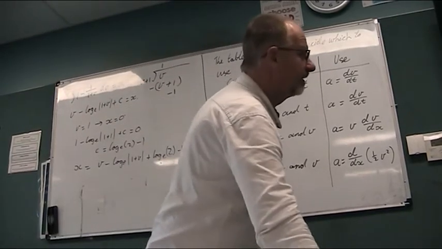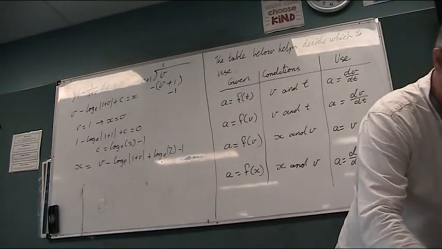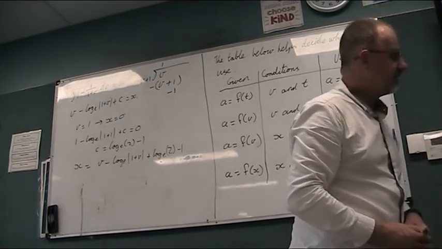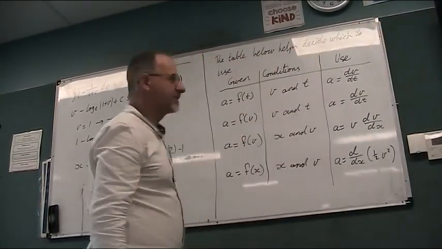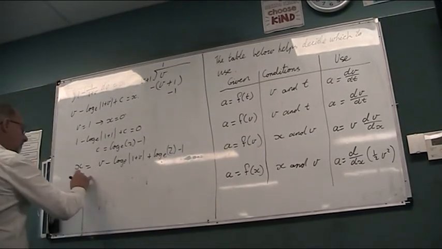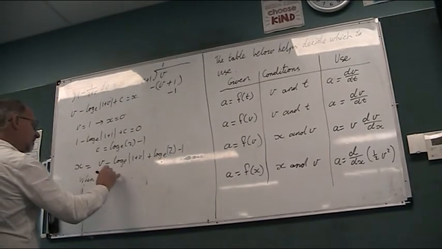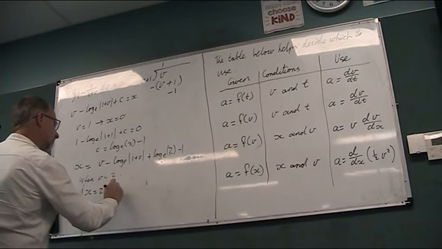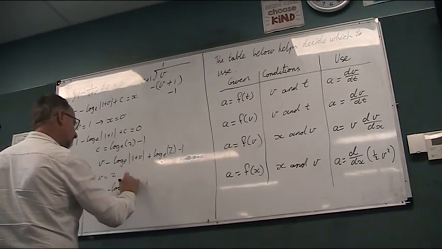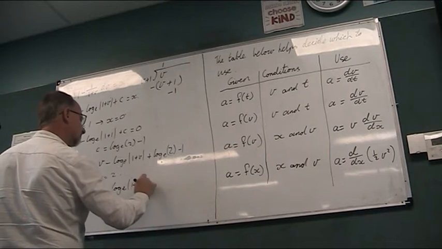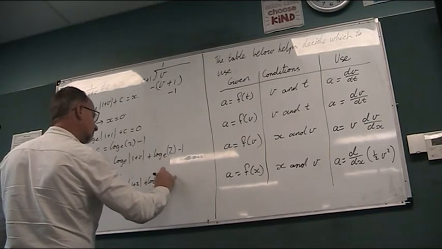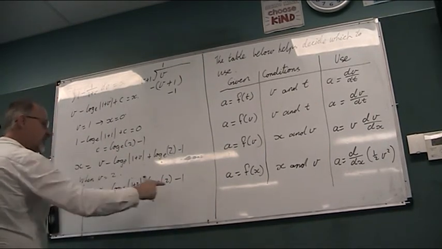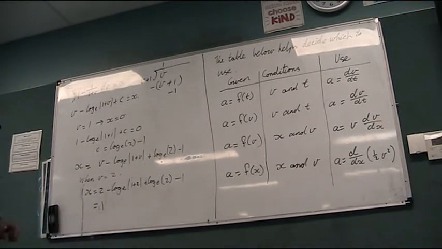All right, then it asked us to find the position of the object when its velocity is 2. So, when the velocity is equal to 2, we make our substitution. You get that 2 minus 1, of course, is 1. Now, what about this stuff here?